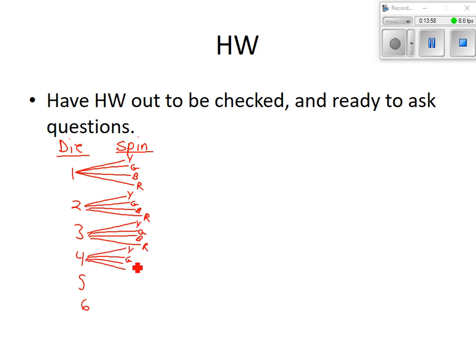Yellow, green, blue, red. Roll 5. Yellow, green, blue, red. And if I roll 6, yellow, green, blue, red.